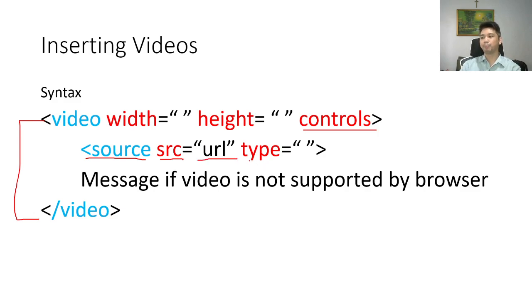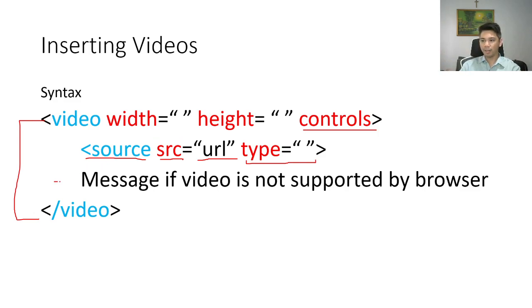And then we have an attribute here called type. There are specific values that we can place here. What type means is, what kind of video is it? Is it MP4, AVI or MOV? So later on, I will show you what different types of videos can be placed in a browser.